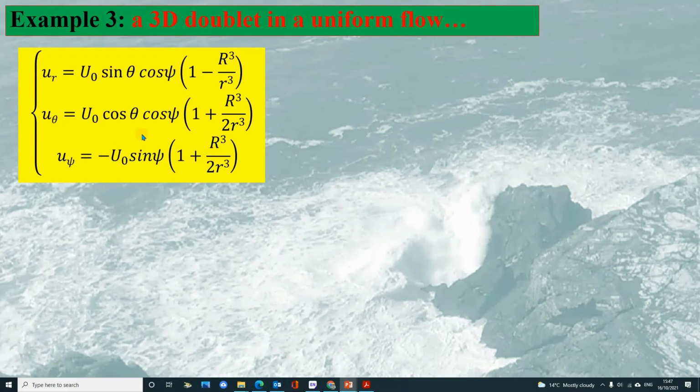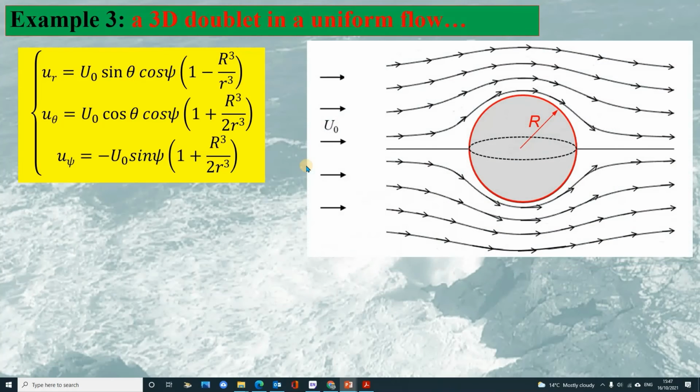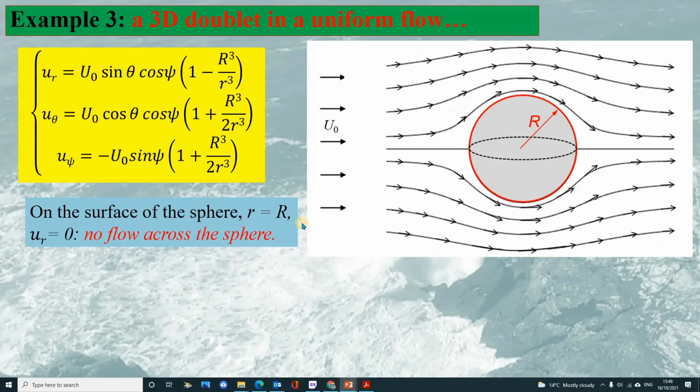So based on the velocity components for the 3D doublet in the uniform flow, we can draw the velocity vector and the streamline. And if we look at the surface of the sphere, where r equals capital R, we find ur would be 0. Again, this means there will be no flow across the sphere surface.